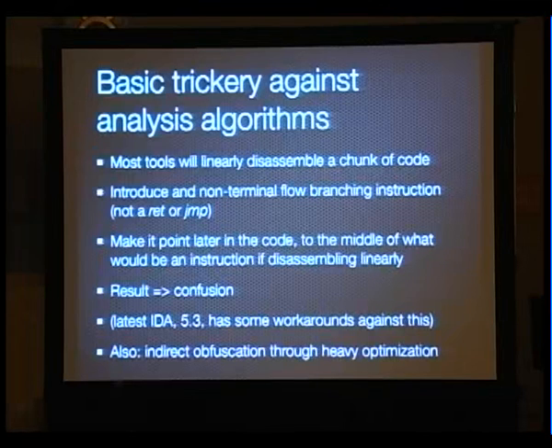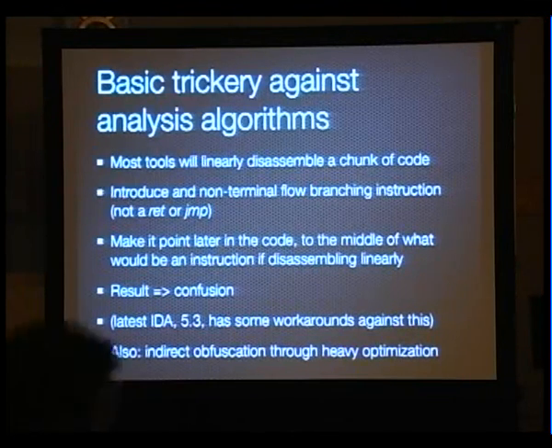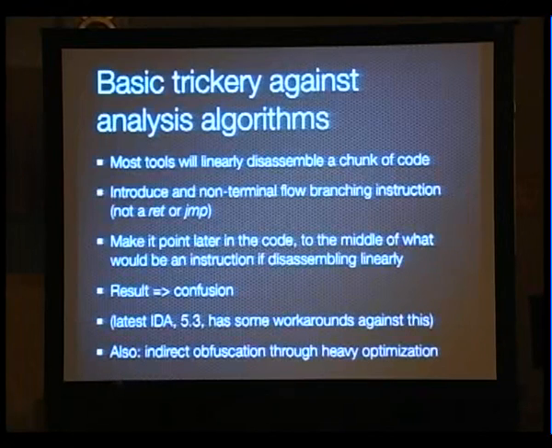If you take the other branch, you see another kind of code because it overlaps. Only one is going to be taken in the end, but it actually leads to different code. So for an analysis tool, that's hard to decide. If one is obviously non-code, yeah, you can say, okay, I'll drop that. But it might not be totally obviously non-code, so it's hard to decide. And so it results in confusion for most tools.